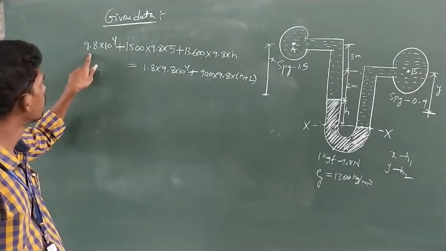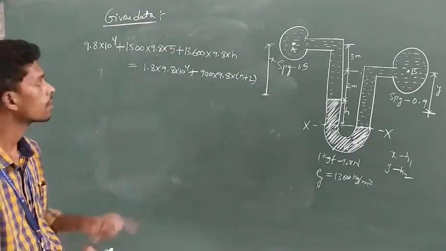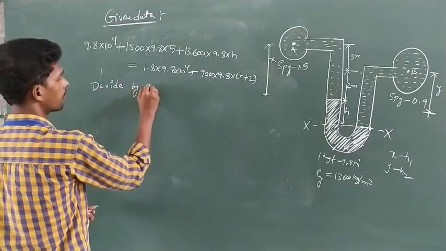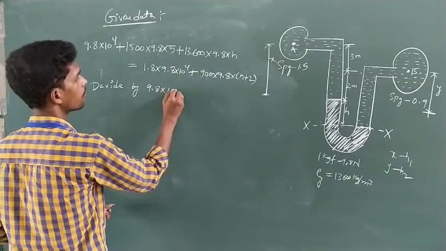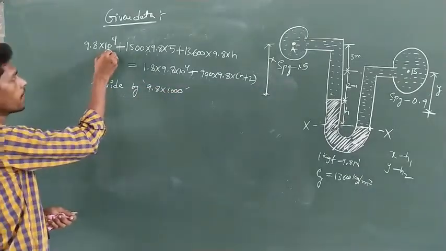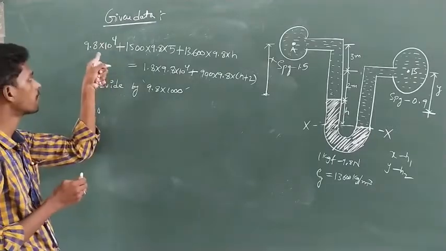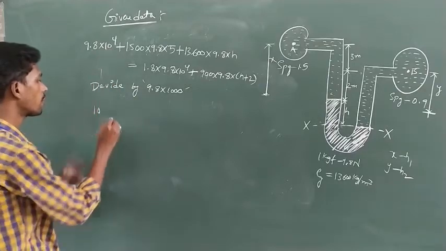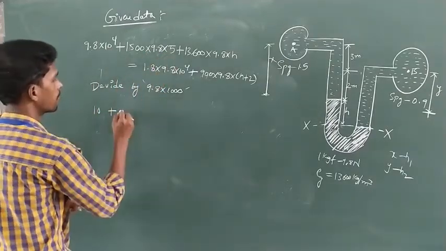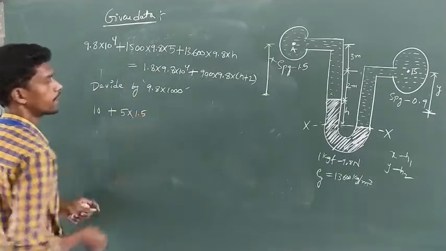So can we divide this entire equation by 9.8 into 1000? Divide by 9.8 into 1000. So here we will get 10, right? 9.8 divided by 9.8 into 1000, 10 is available, plus here how much you will get? 5 into 1.5, right?